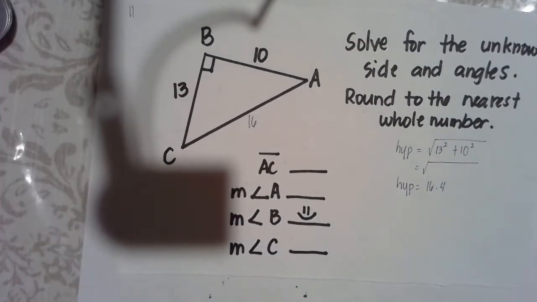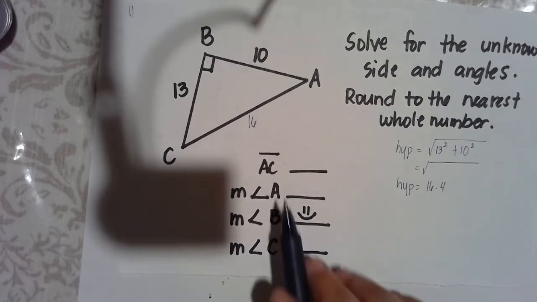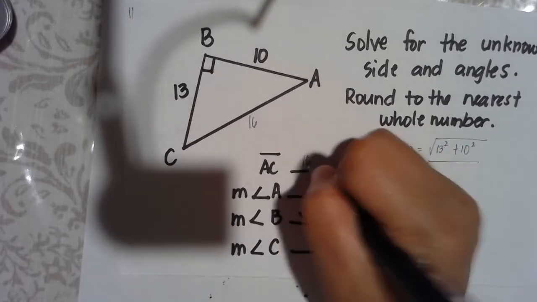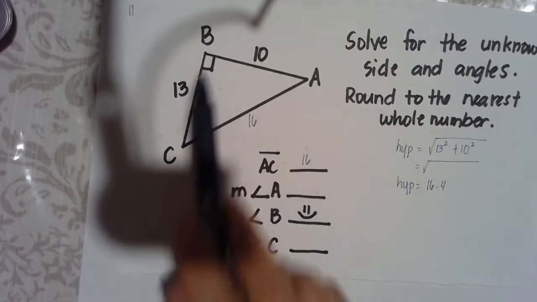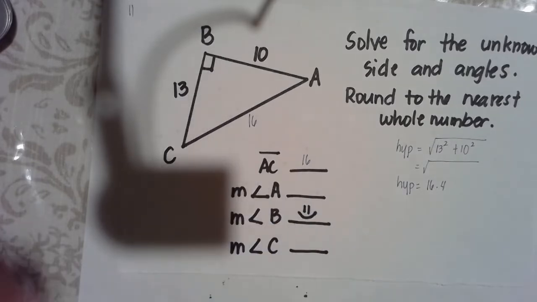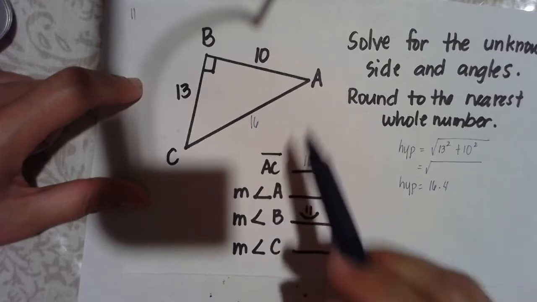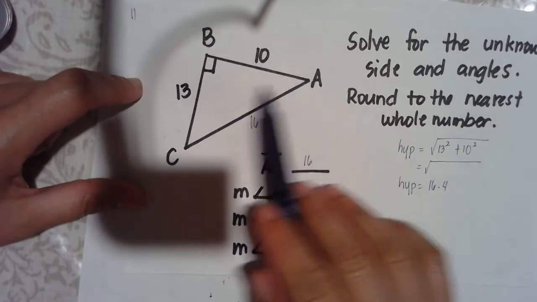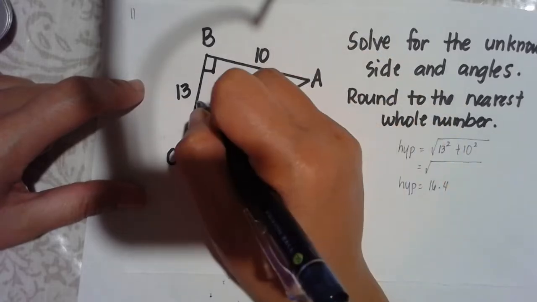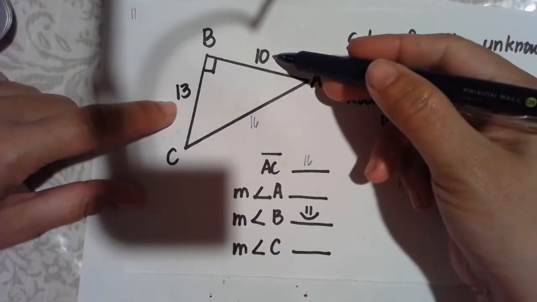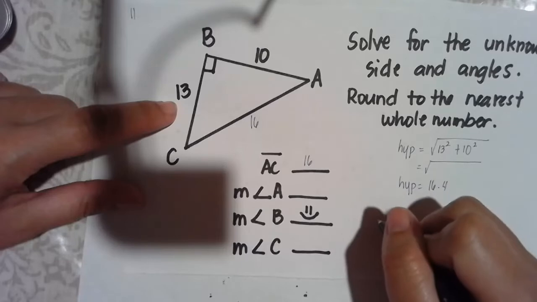We need to find the, so AC is 16. We need to find angle A. Angle B, we know that already, that's 90. So that's why I put a smiley face on it. So angle A. If you're solving for angle A, given that this is 13 and that I'm using 13, this will be my opposite, and that's my adjacent. So I'll use tangent.